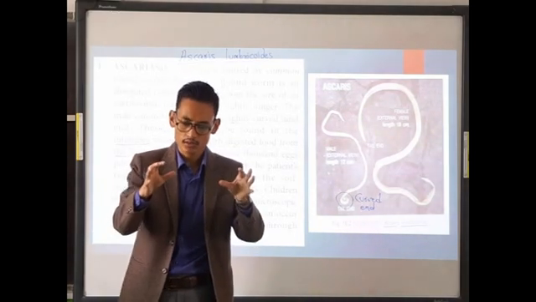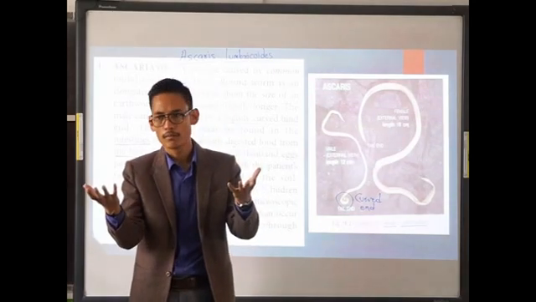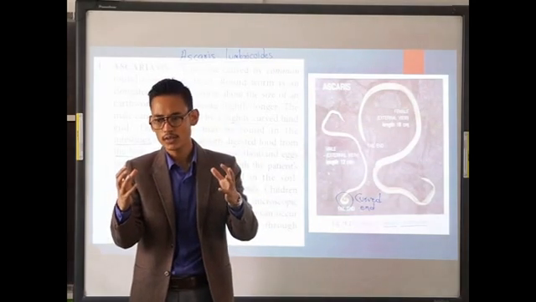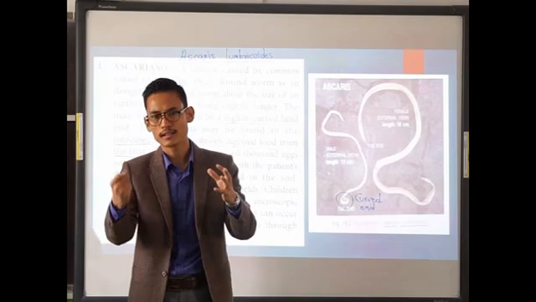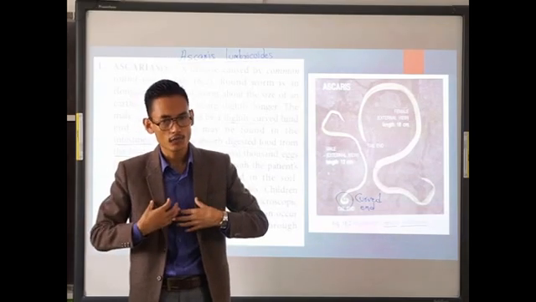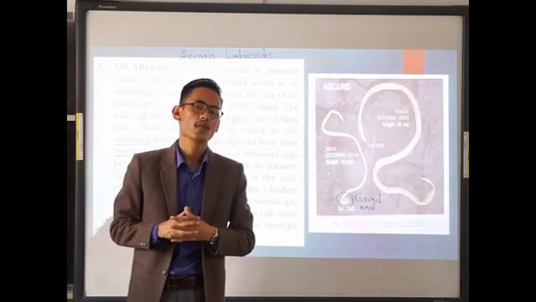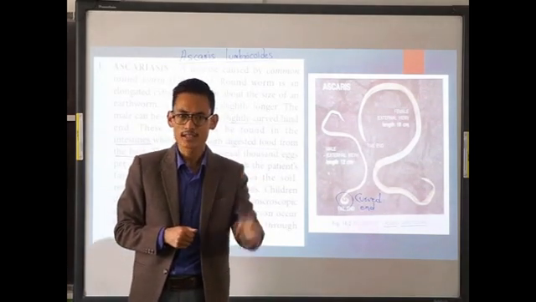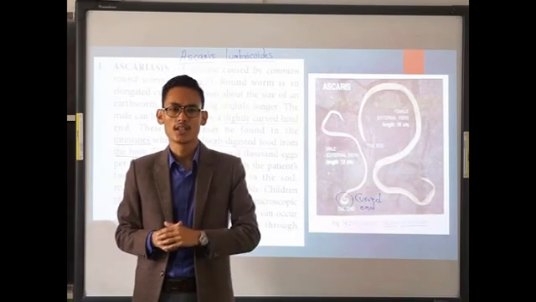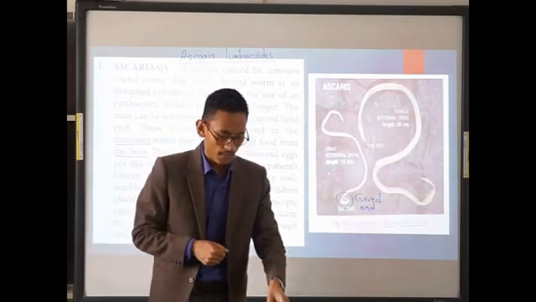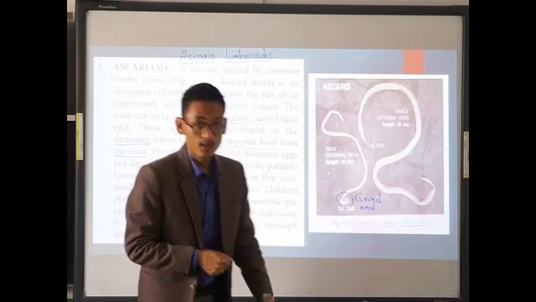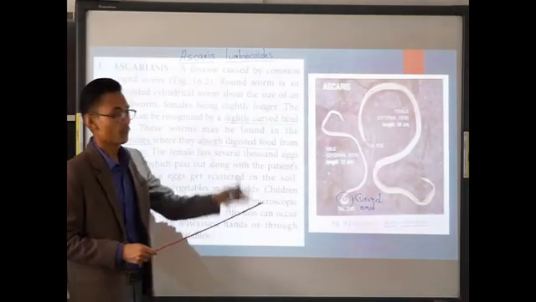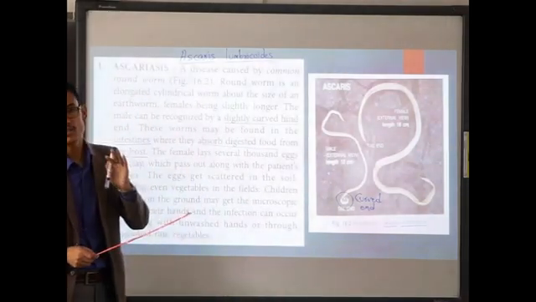If we have touched those eggs with our bare hands, and if we eat the eatables with those hands that contain the egg, then we will be infected. Or one can be infected by taking the vegetables that contain the roundworm eggs without proper cooking. So in this way, the infection or the egg can be transmitted from one individual to another.